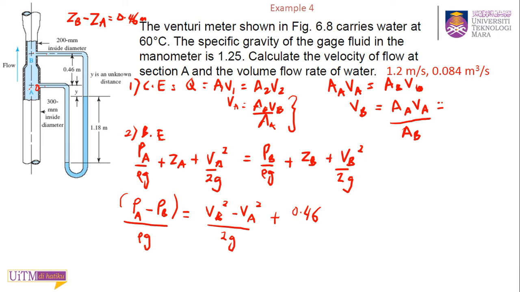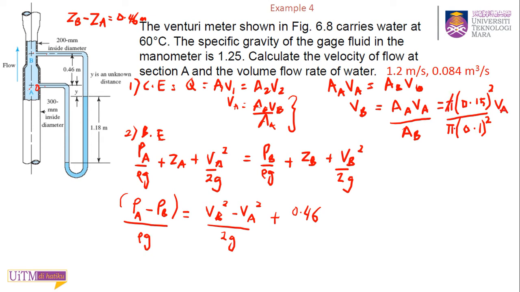Okay, AA equals pi times 300 mm divided by 2, divided by 1000, 0.15 squared, over AB, pi times 200 divided by 2, 100 divided by 1000, 0.1. So pi r squared, okay, and VA.